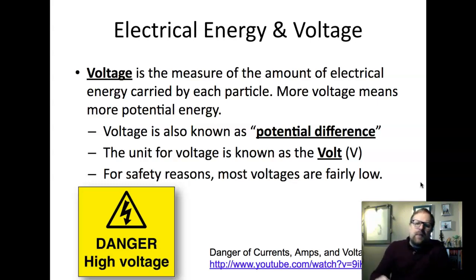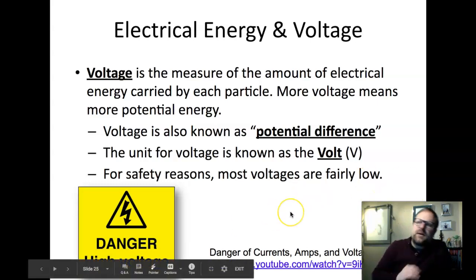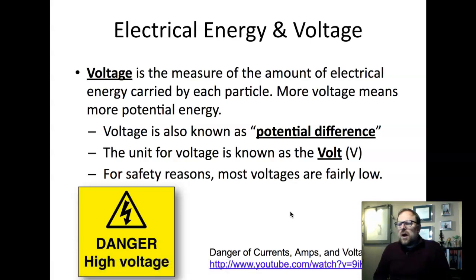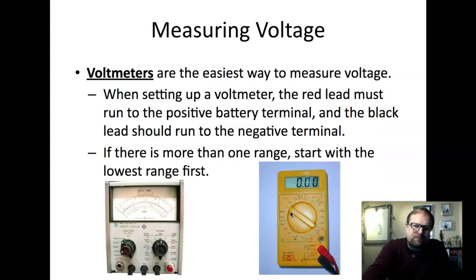Okay. This video here at the bottom, again, is linked in the Google Classroom, and it would be worthwhile having a look at that. And it's talking about some of the safety associated with currents, amps, and voltage, and why we want to watch out for not only current but also for the voltage as well.